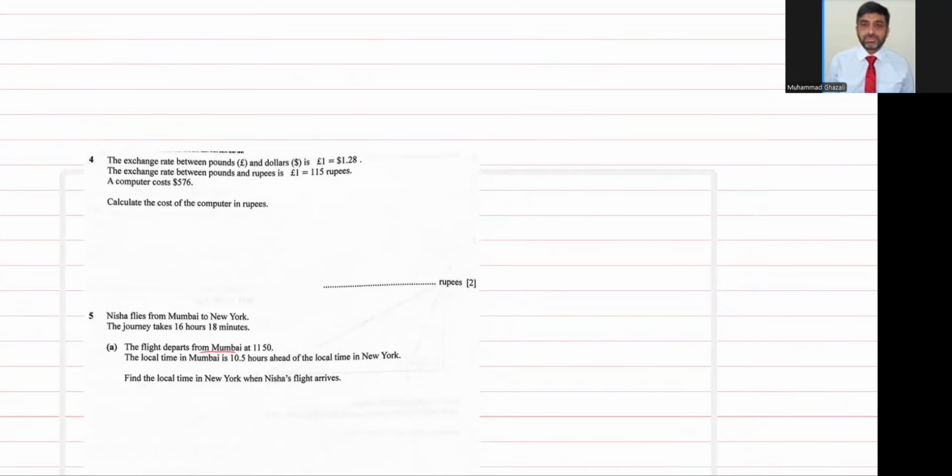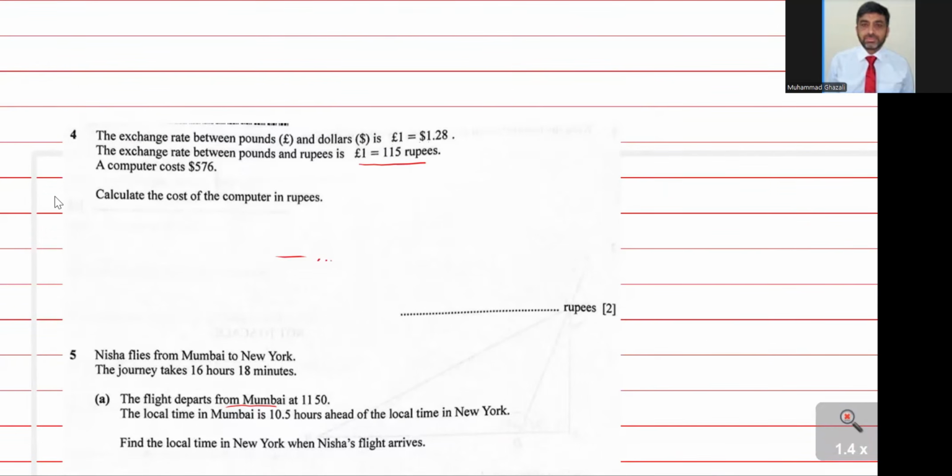The next question, question number 4. The exchange rate between pounds and dollars: 1 pound equals $1.28. The exchange rate between pounds and rupees: 1 pound equals 115 rupees. A computer costs $576. Calculate the cost of the computer in rupees. Look here, we have to convert dollars into rupees. Firstly, we will convert dollars into pounds because the exchange rate here is $1.28 equal to 1 pound.